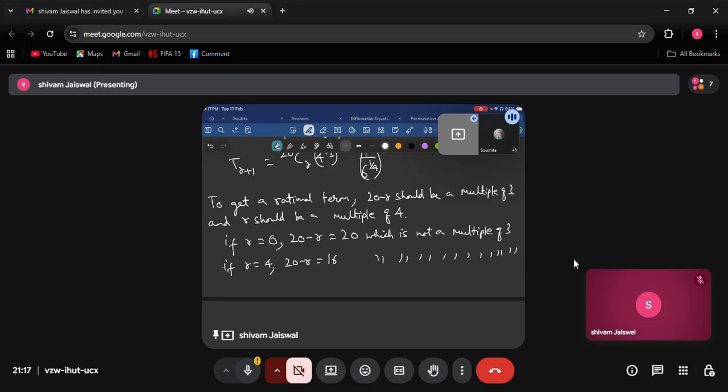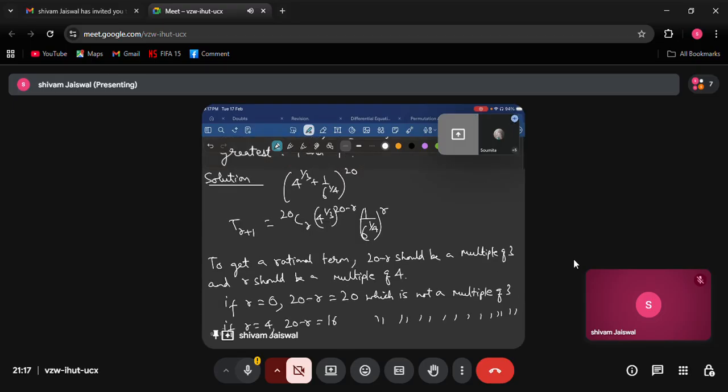Shamita, you are not paying attention properly. Why did you take r equal to 5? No, sir, r should be a multiple of 4.